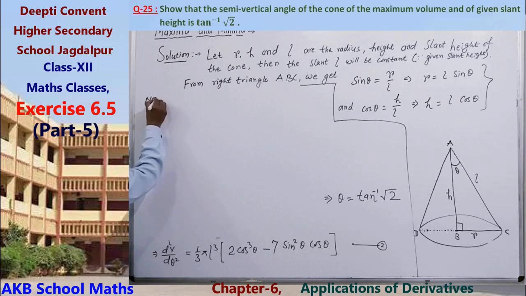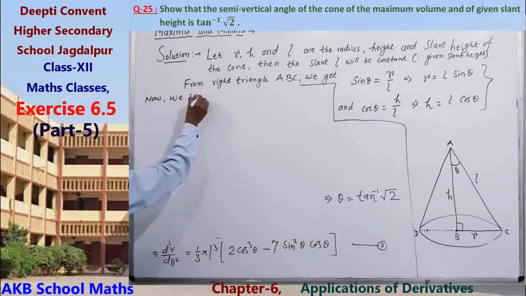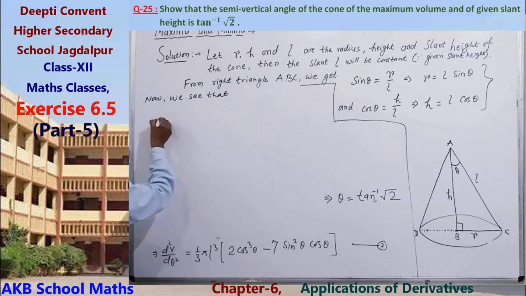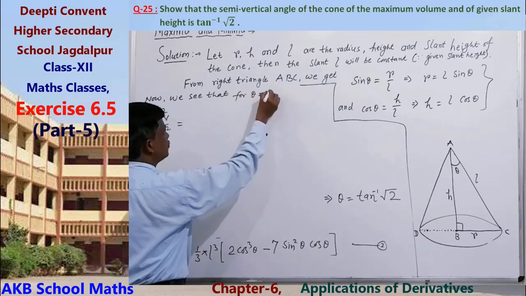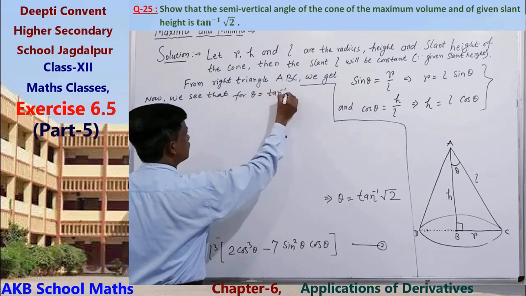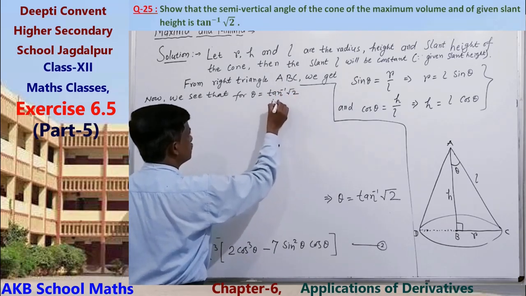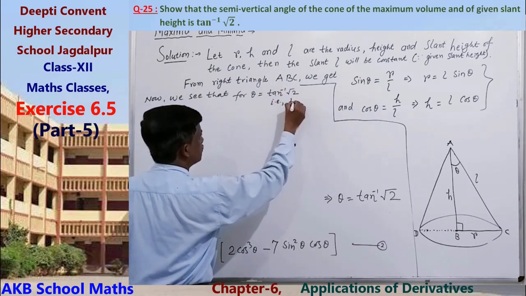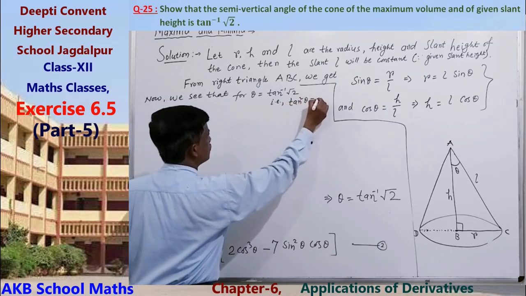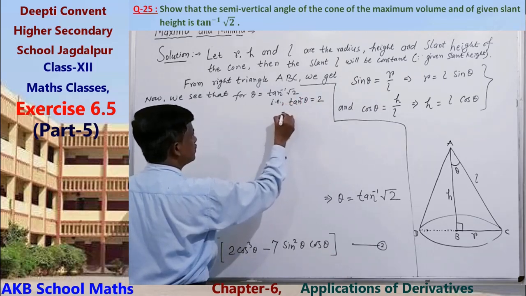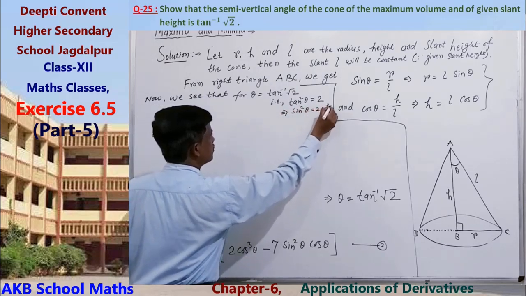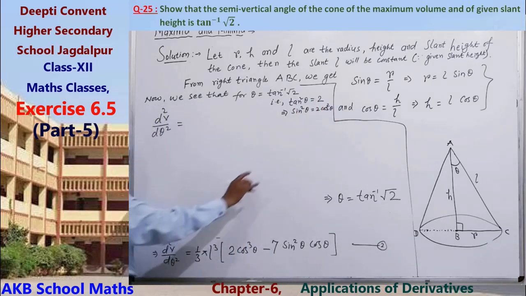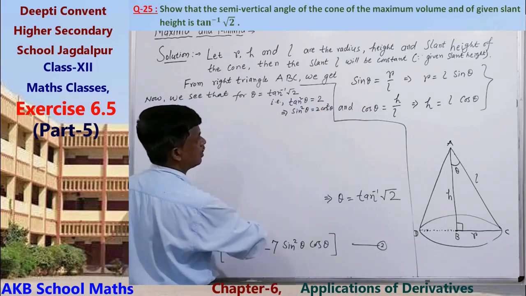Now we see that d2V upon d theta square, for theta equals tan inverse root 2, that is tan square theta equals 2, that is sin square theta equals 2 cos square theta.